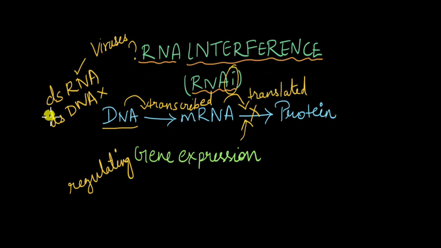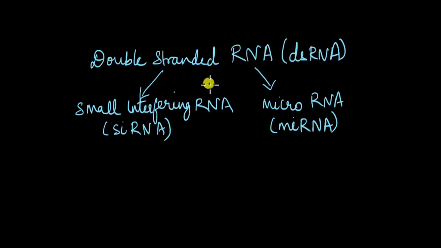So what are the types of double-stranded RNA that can trigger this RNA interference mechanism? There are two types of double-stranded RNA that can trigger RNAi. They are small interfering RNA or siRNA and microRNA or miRNA. Take care while writing siRNA because si should be in small letters and RNA should be in capital letters.